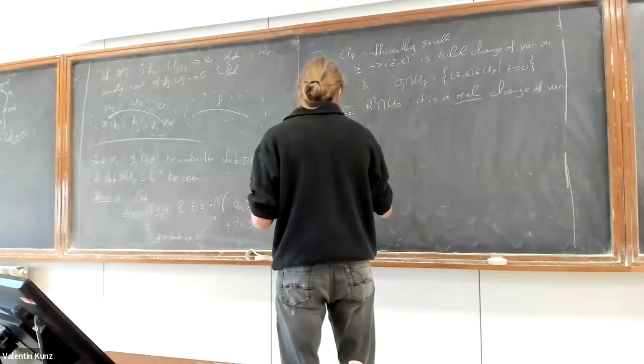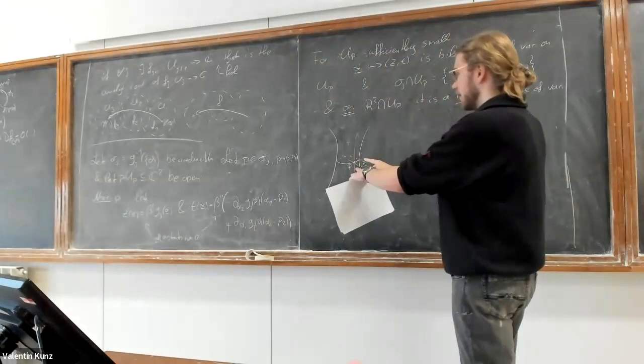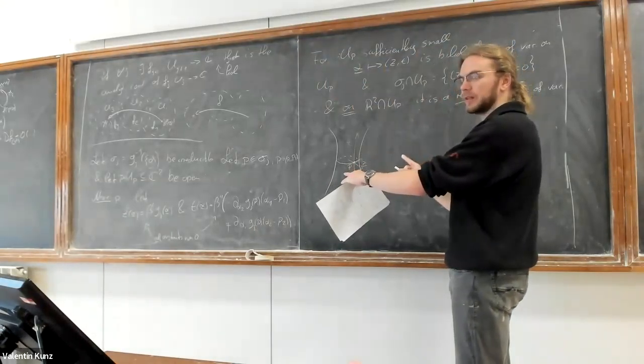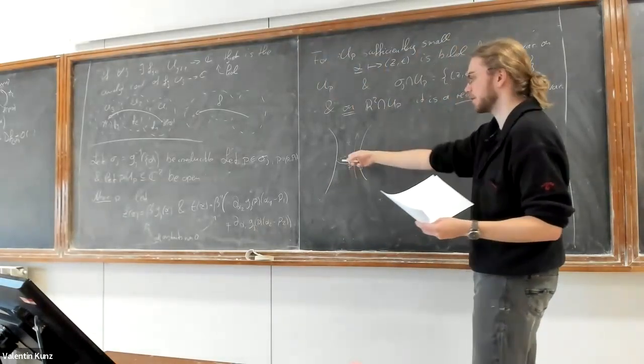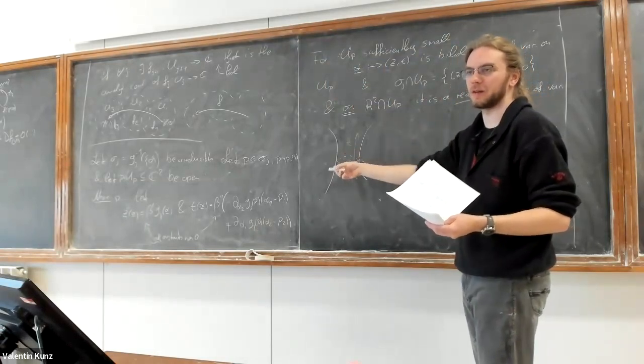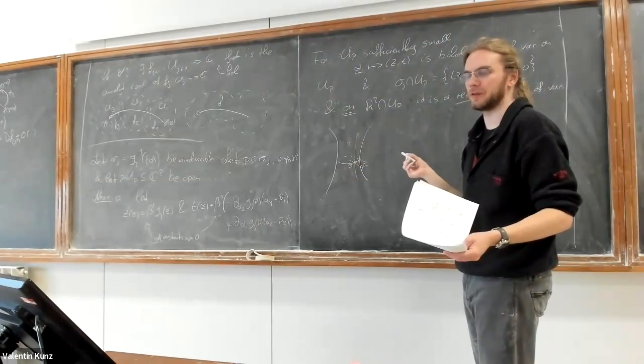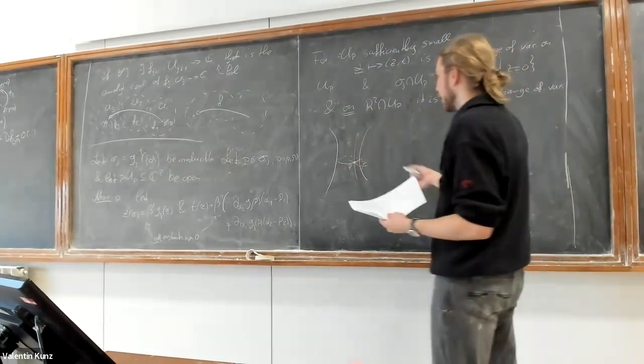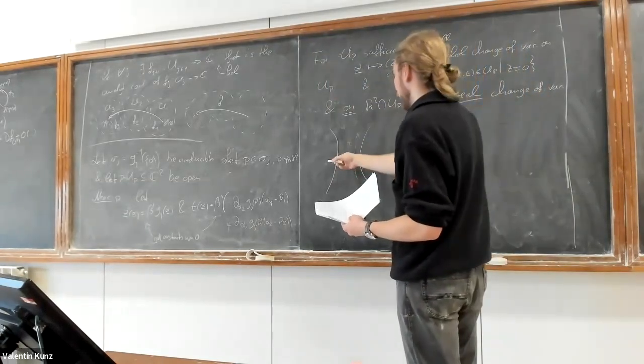And here we would have P, right? And you can sort of see that this is really only a local property, because if it was globally possible, that would tell you that the cylinder, or the circle, is locally looking like R2, which is not the case. So it really is a local property.